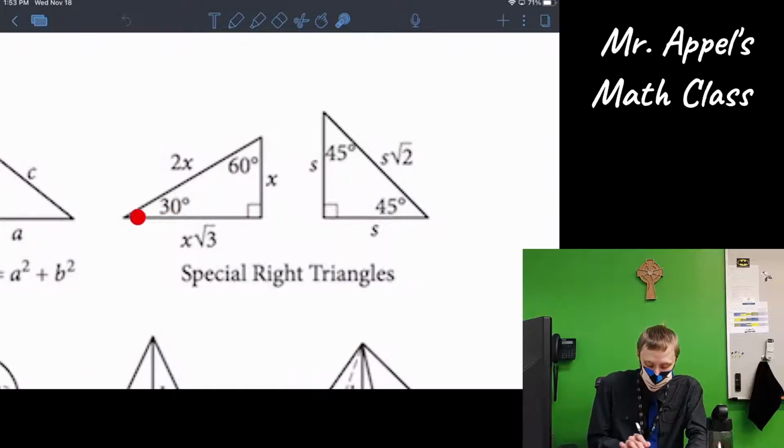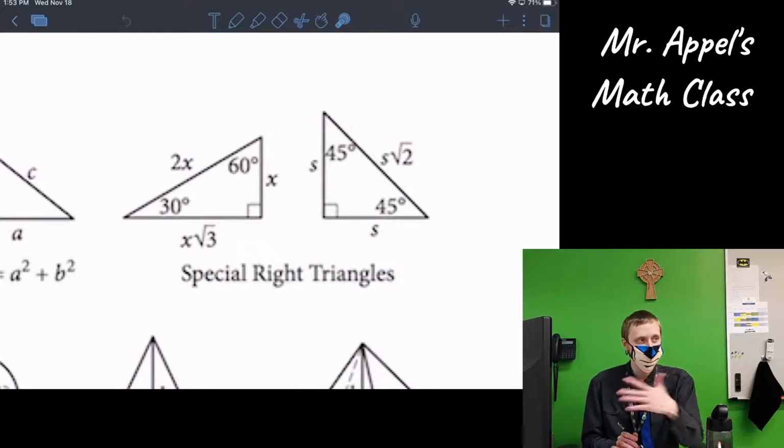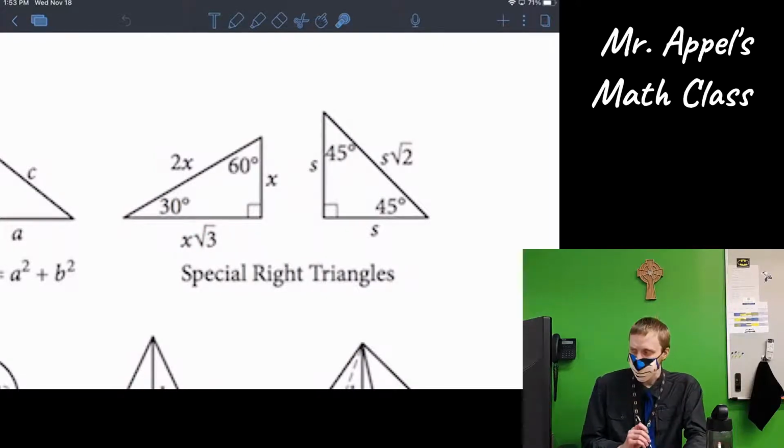And then the third side, the middle child, here across from the 60 degrees, is whatever that short length is. Instead of times 2, it's times the square root of 3, which is somewhere between 1 and 2. How are you going to remember that? Well, I recommend recognizing that the isosceles one has 2 matching sides, so it gets square root of 2. 30, 60, 90 has 3 different sides, 3 different angles, so it gets square root of 3.